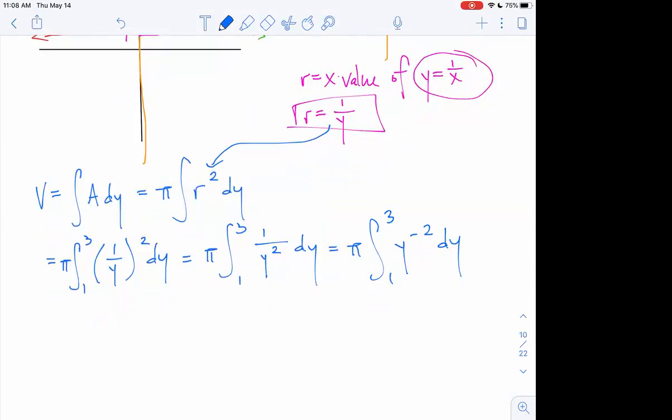Okay. So we want to make sure that we remember our power rules as well as the exceptions to the power rules.